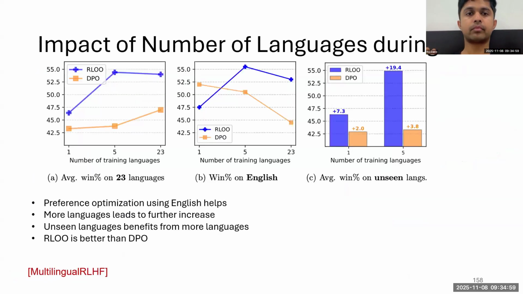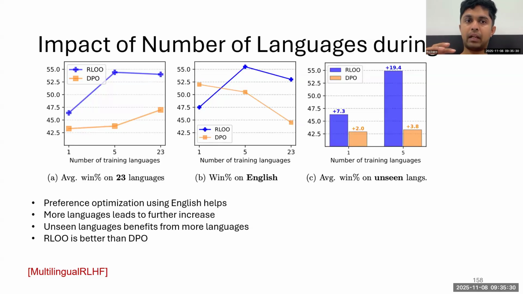Next slide, please. Okay, so during RL, you have two main considerations. One is the number of languages involved during RL, and the second is the amount of data that you use during RL. What this slide is showing you, if you look at each of these plots, is the impact of different RL algorithms like RLOO and DPO, depending on the number of training languages during your RL step.